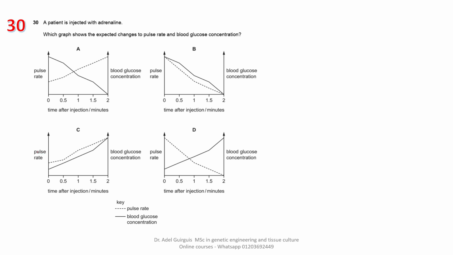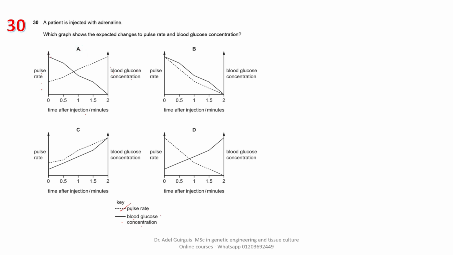Time after injection is on the x-axis, pulse rate on one y-axis and blood glucose concentration on the other y-axis. The key: pulse rate is the dashed line, blood glucose is the complete line. So after injection, say for letter A.